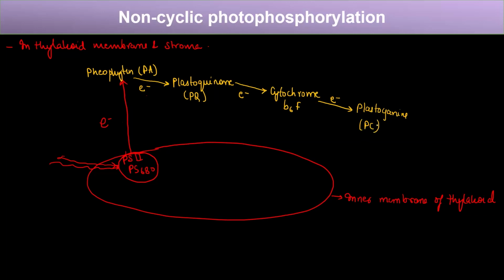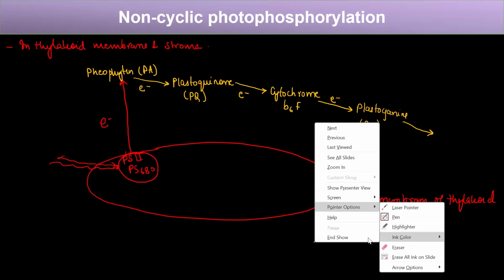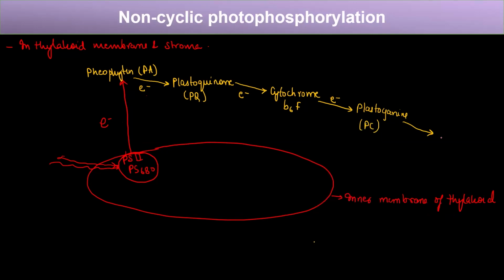Now this PC will transfer its electron to the photosystem 1, PS1. It is also known as PS700.